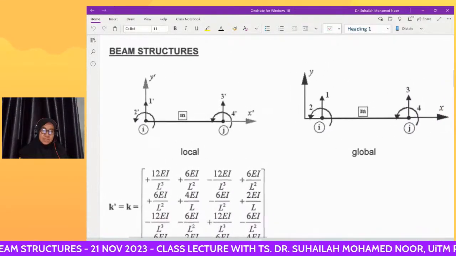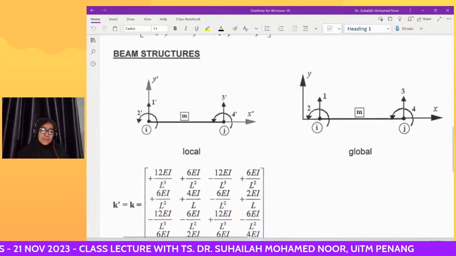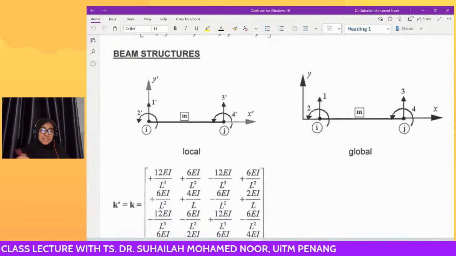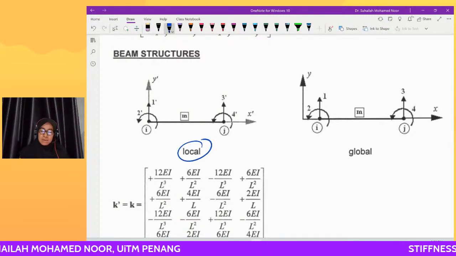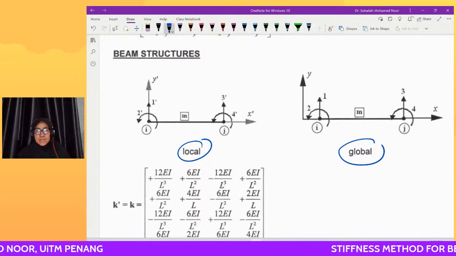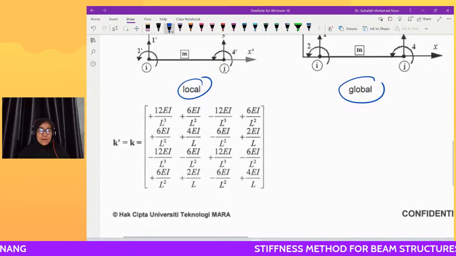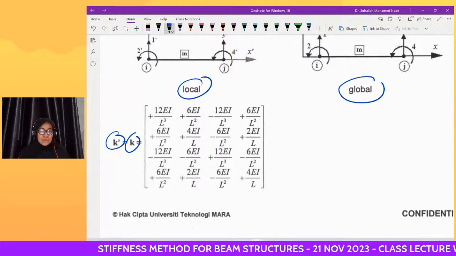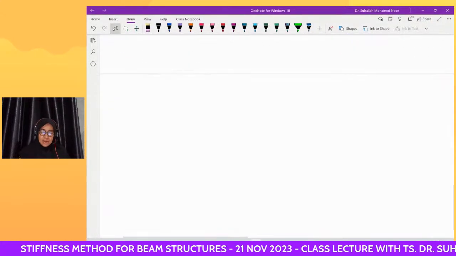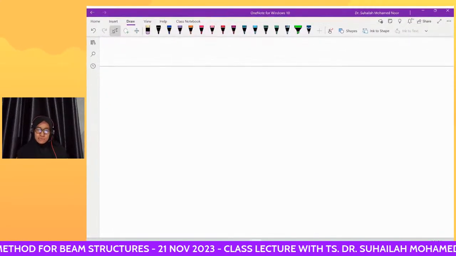So this is the beam. This is the formula. We can see that the beam has the same local and global coordinate system. That is why we can find only one formula for K prime and K. This is for the K formula.